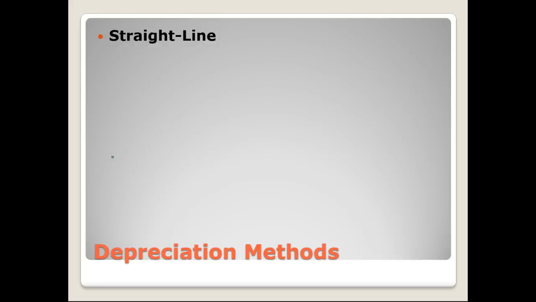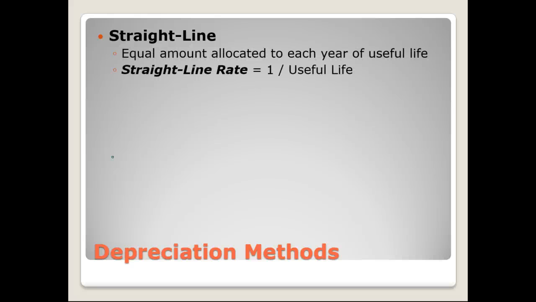There are 3 methods we will cover in this chapter dealing with depreciation. There's the straight line method, and that says that there will be an equal amount of depreciation expense every single year. So whatever the useful life is of that asset, you should expect the same amount for depreciation expense every single year.